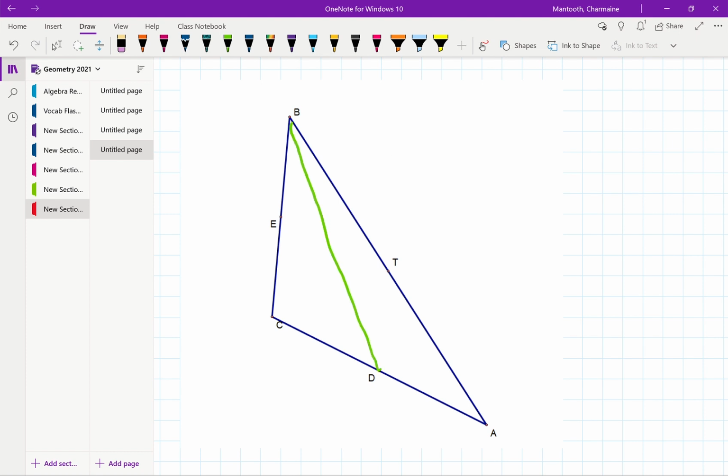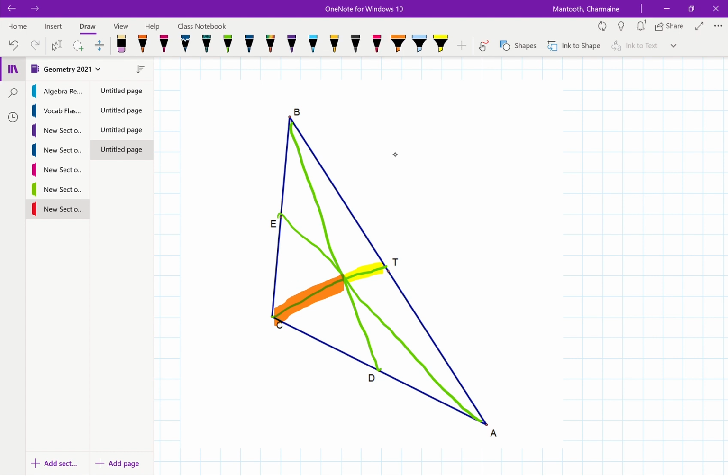So when I connect a midpoint to a vertex, that's when I get the 1:2 ratio, where the piece of the median that's between the centroid and the vertex is 2 times longer than the section from the centroid to the midpoint. So if this is 3, this is 6. If this is 10, this is 5.